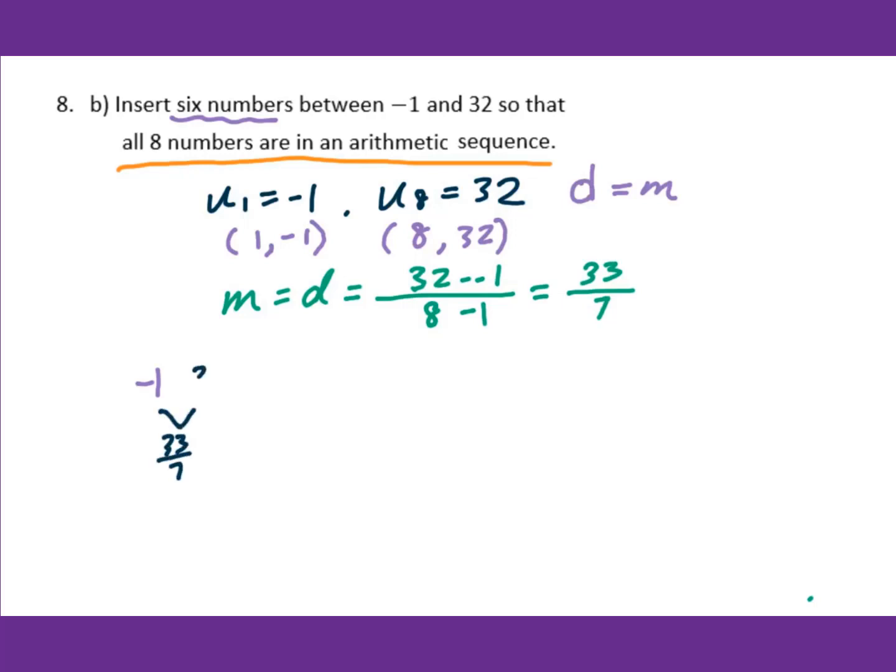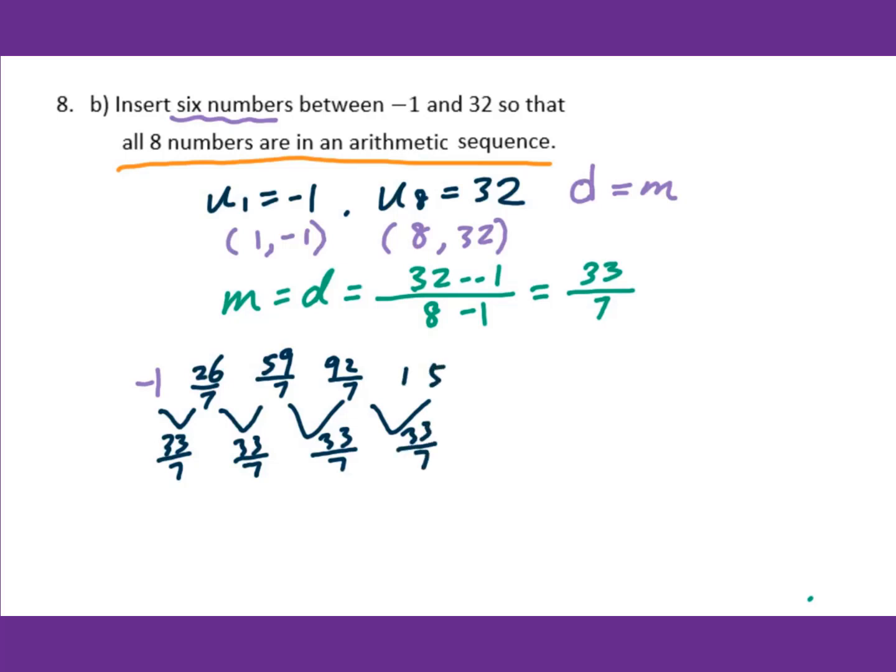33/7. This will be 26/7, 33/7, 59/7, 92/7, 125/7.